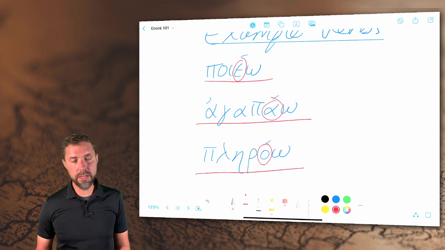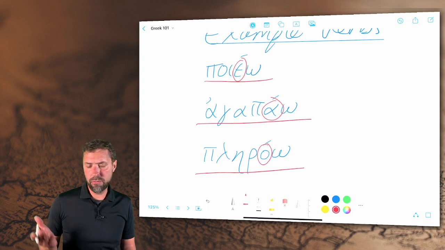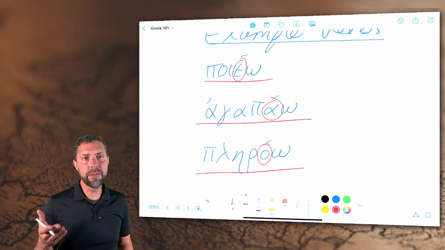Okay, and these would be distinct from other verbs that might end like luo with an upsilon, or they might just end with a consonant. And so in those cases, I don't have any contract vowel that I have to combine.